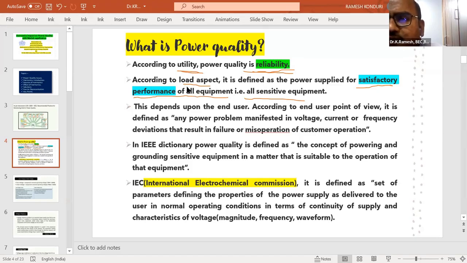If it is a load aspect, it should be in a position to give satisfactory performance for all the equipment.